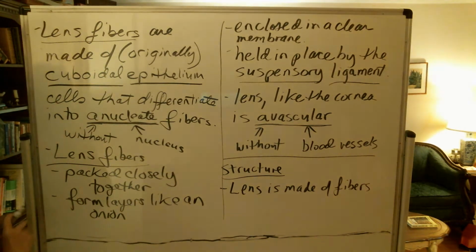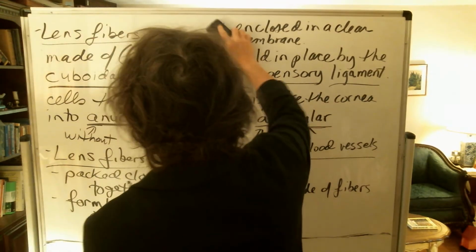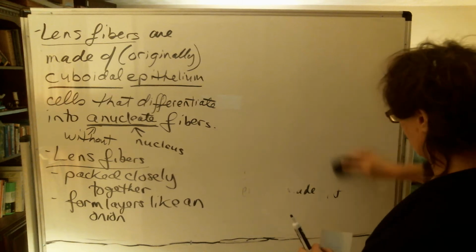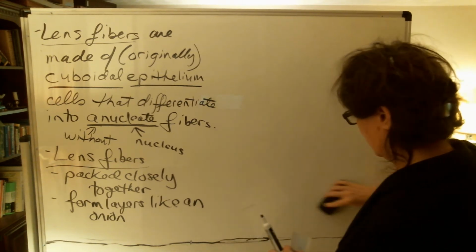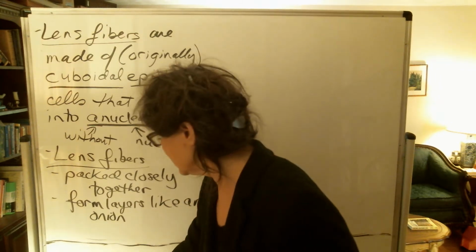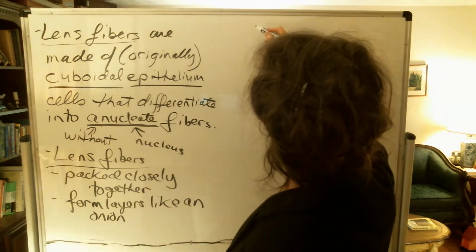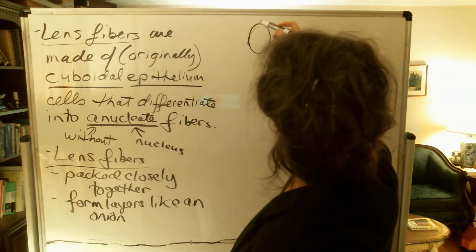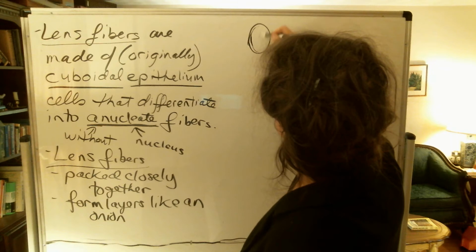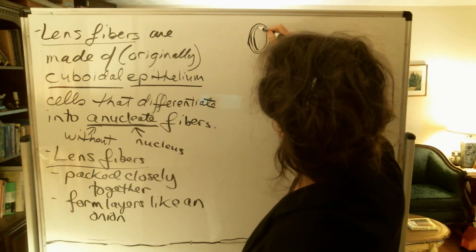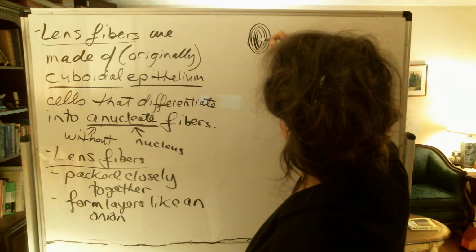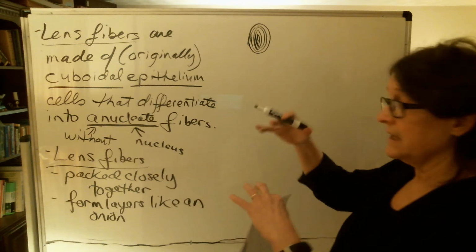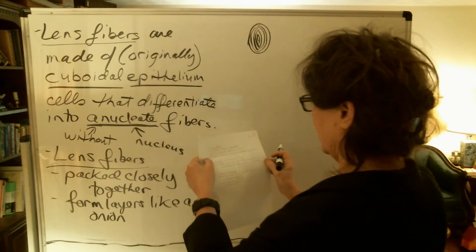So if you were to actually look at an actual eye lens, and if you get to dissect an eye at some point, you may get to see this, but you have this kind of roundish, somewhat rubbery thing like this. But the point is, it is actually made out of layers like this. You can peel the layers off sometimes. So as I said, these lens fibers form layers rather like an onion.